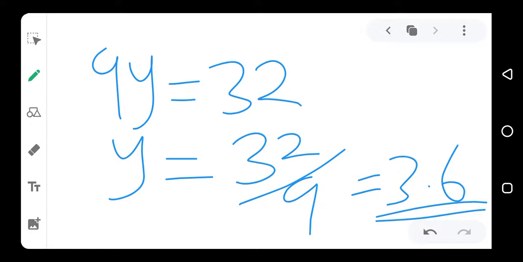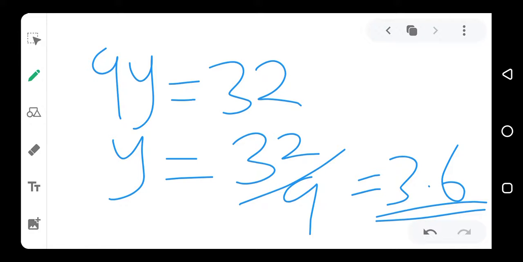And that is why we say that in joint variation, a given quantity is proportional to two or more other variables. That is the formal statement of joint variation.